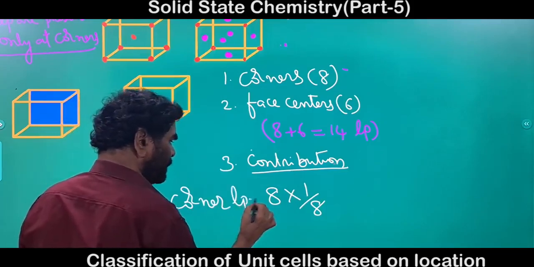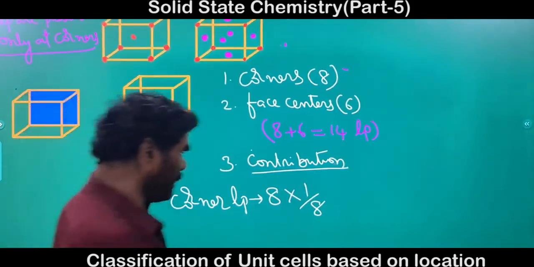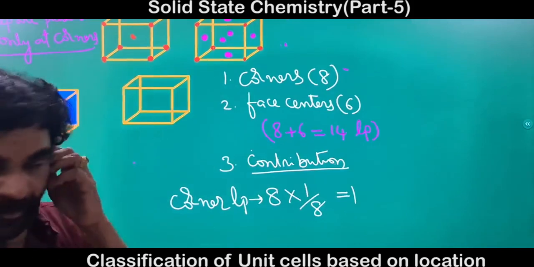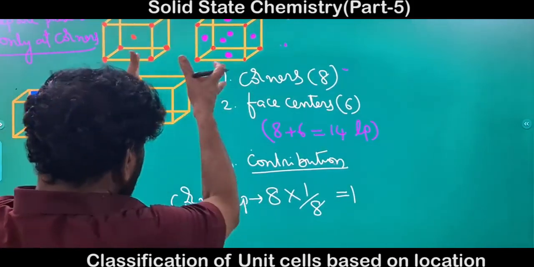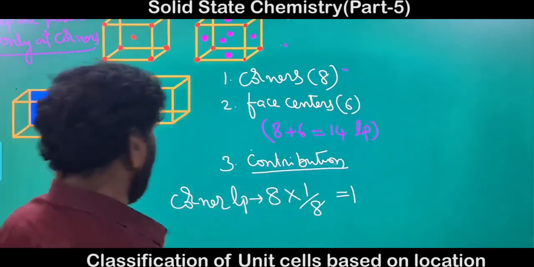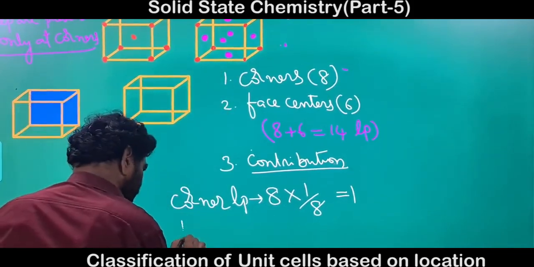Corner lattice points are 8, and each contribution is 1 by 8, so that is only 1. So for each unit cell, only one atom is involved. And now face center.